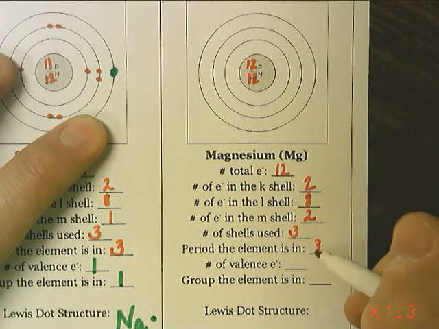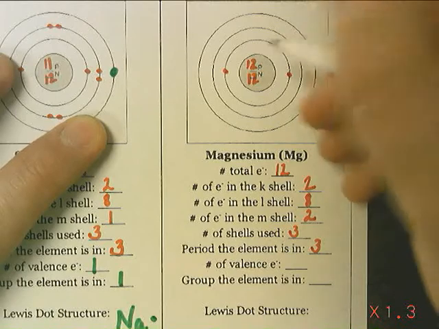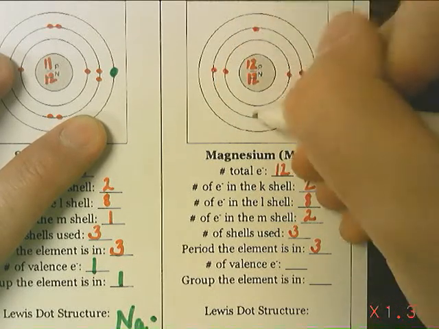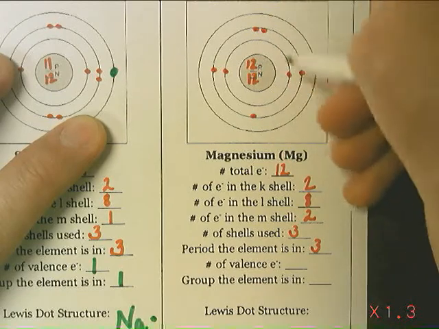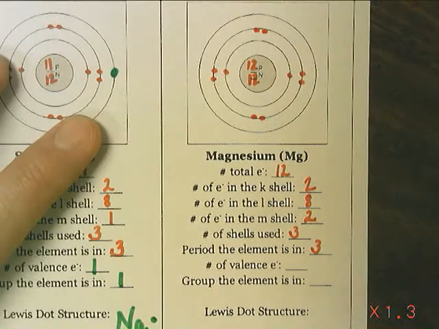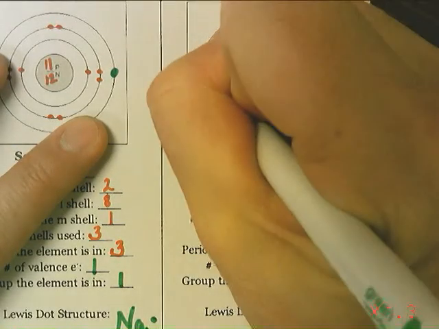It's in period 3. We have 12 electrons to put in. 1, 2, 3, 4, 5, 6, 7, 8, 9, 10, 11, 12.